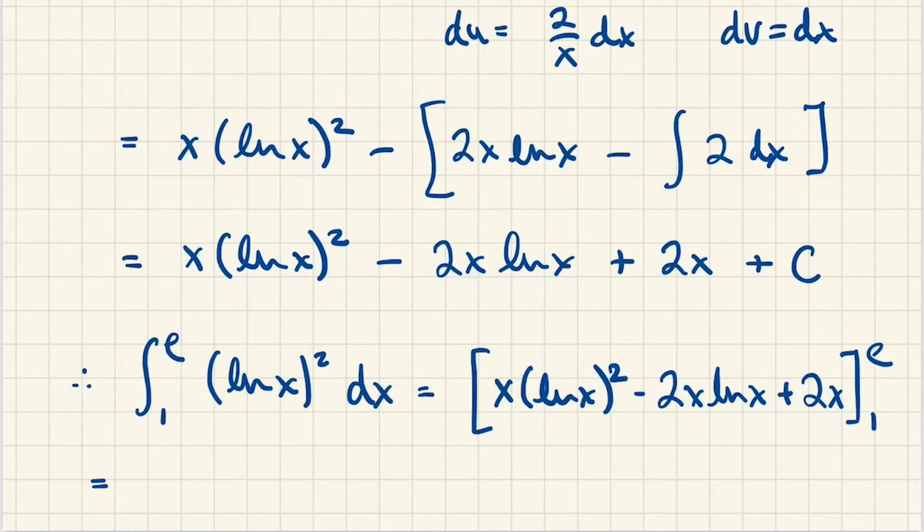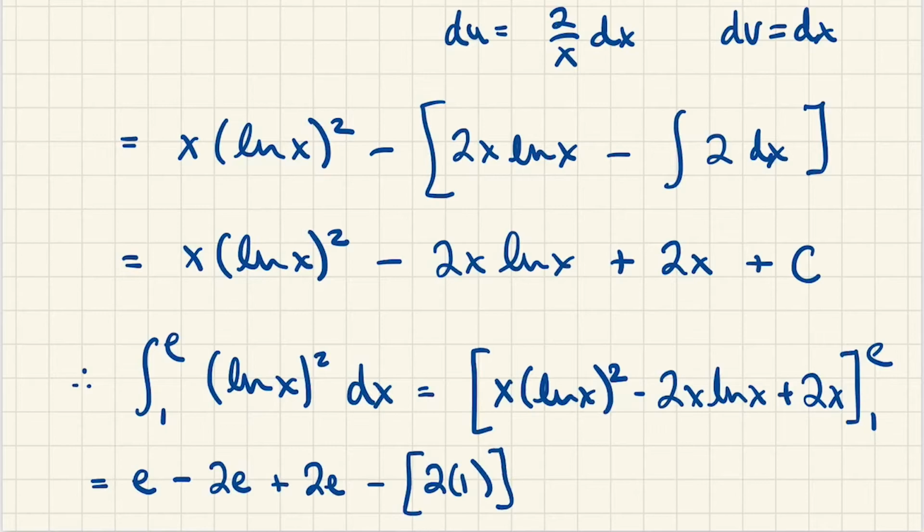So we plug e in there, and we're going to get e times ln of e, which is 1 squared, of course, minus 2e plus 2e minus, now we'll plug 1 in, so we get 1 times ln of 1 is 0. So in fact, any term that has an ln of x in it here will just go to 0. So that just leaves us with a 2 times 1. So we get e minus 2 is our final answer.